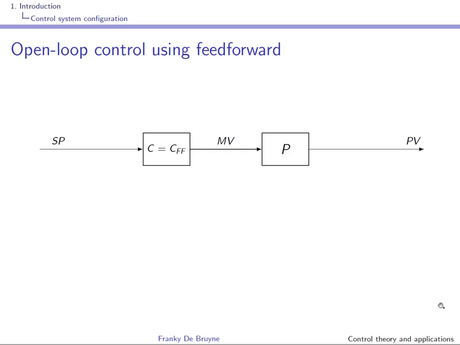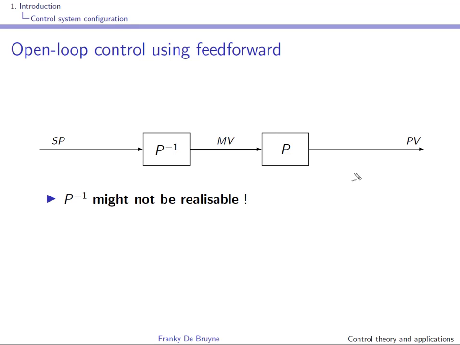The idea is to construct a feedforward controller in such a way that PV is equal to setpoint, and this can simply be achieved by taking as feedforward controller simply the inverse of the process, but this might lead to problems because this inverse might not be realizable.